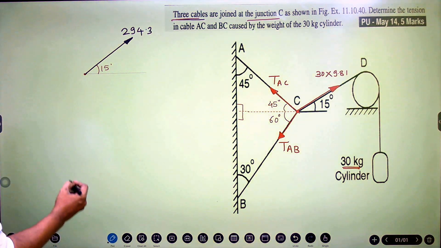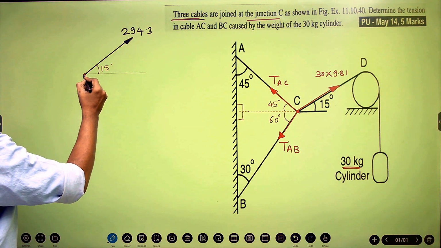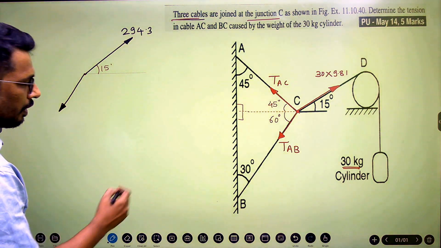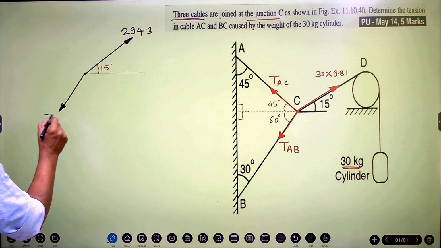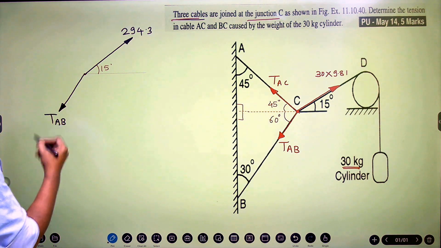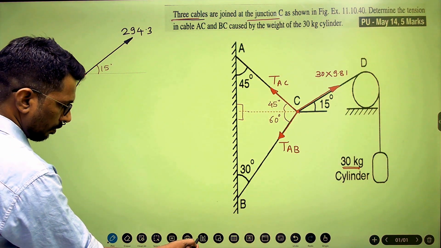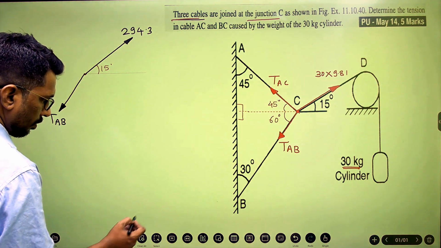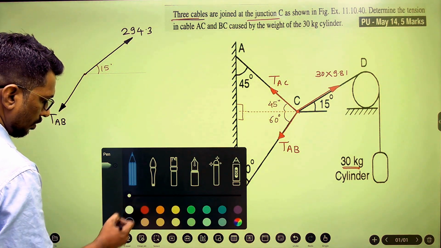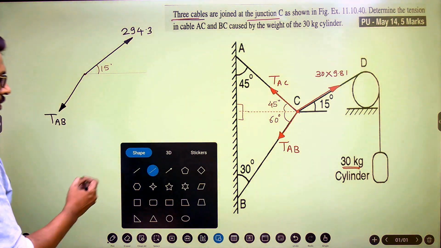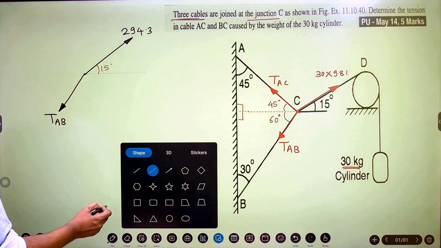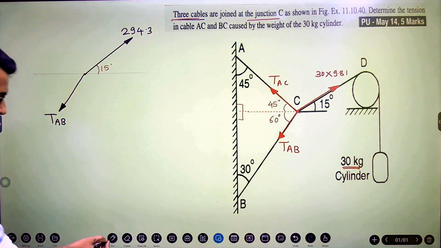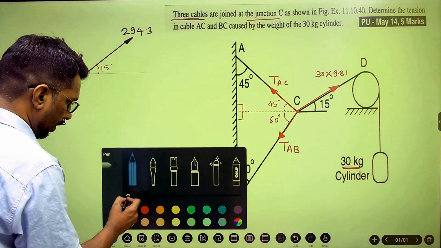So now I'll draw the second force. And this is TAB, and this makes 60 degrees with the horizontal.